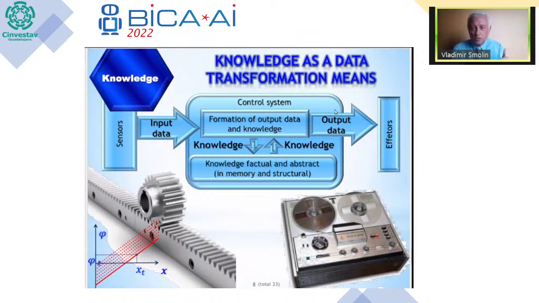All other devices also have some ways to use the knowledge they have inside them to transform input data to output data. And intelligent devices can not only use this knowledge, but they also can enlarge this knowledge or make it smarter and so on.